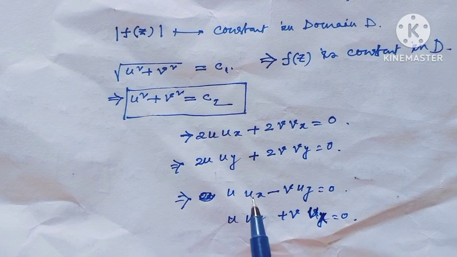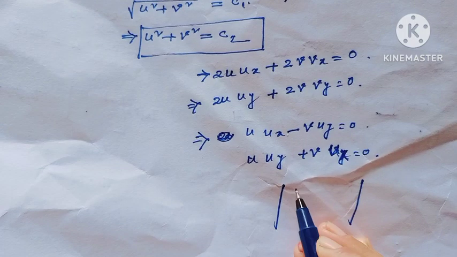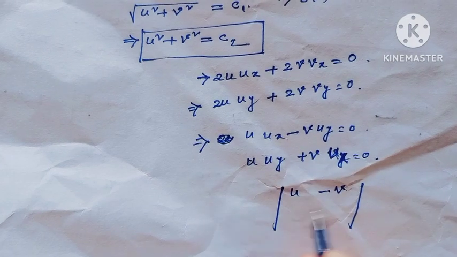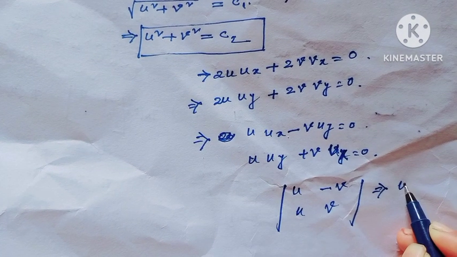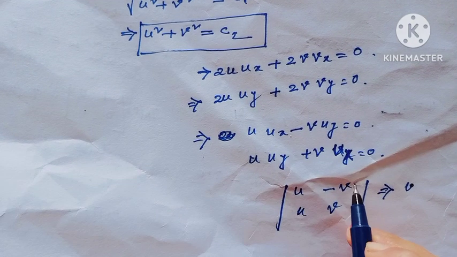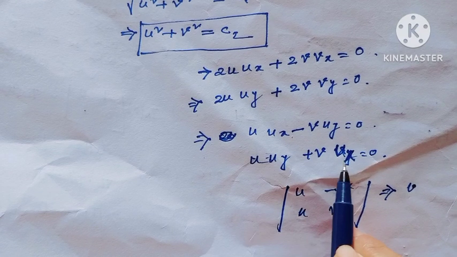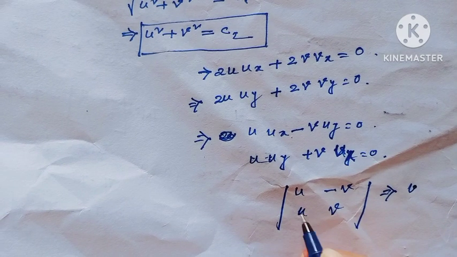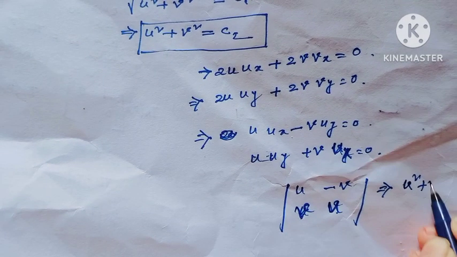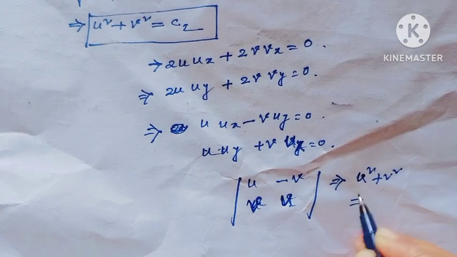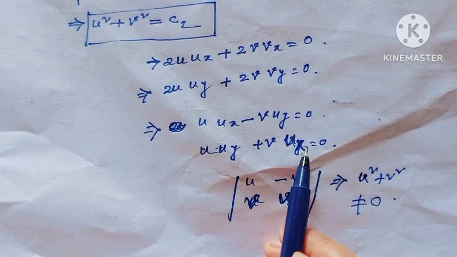And notice, since the equation is a homogeneous equation, the determinant u, minus v, v, u, this determinant would be u square plus v square, which is not equal to 0 since this is the square term, and this is the homogeneous equation.